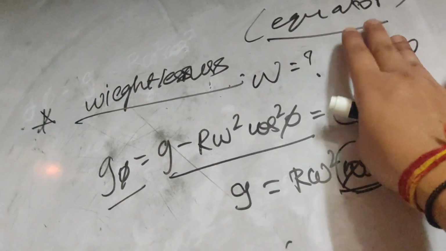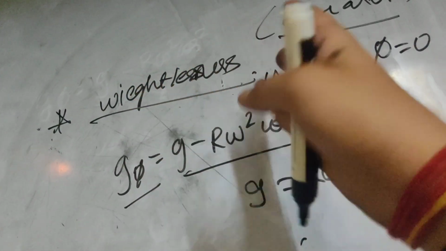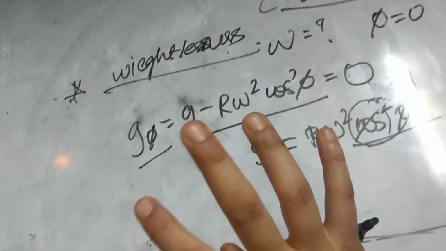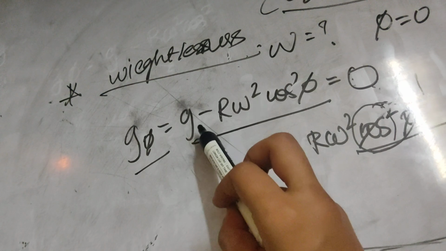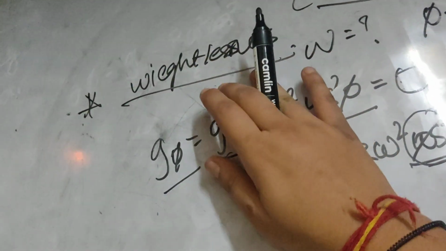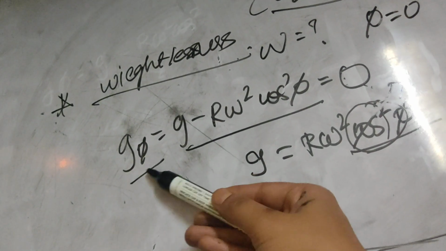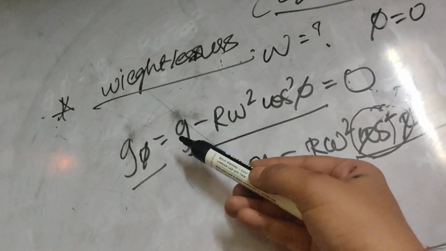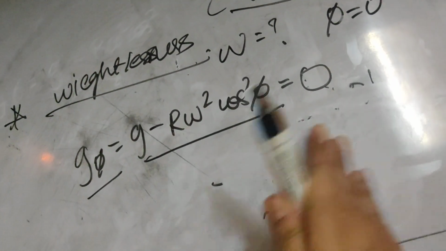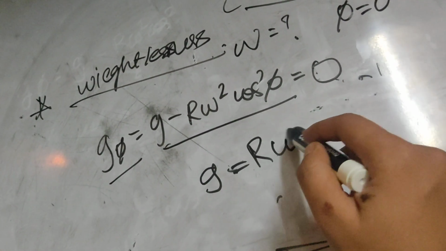They will ask that at the equator the person is feeling weightlessness, what is the omega value, what is the angular speed of the earth? That's it. That will be the question. So the formula g phi is equal to g minus R omega square cos square phi is there, no? The person is feeling weightlessness, which means there is no acceleration due to gravity at that particular point. So this formula will be equated to 0. When you solve this, g and R omega square cos square phi will come to this side.